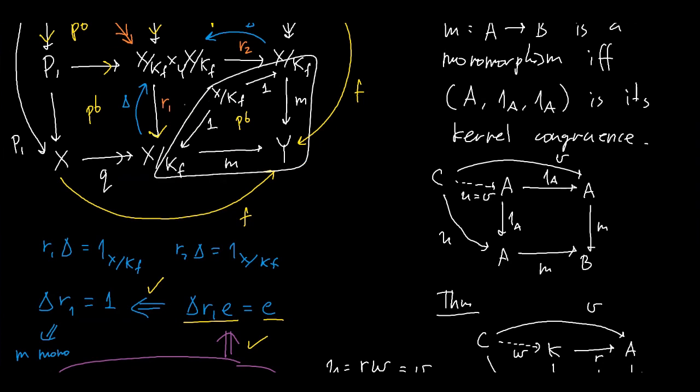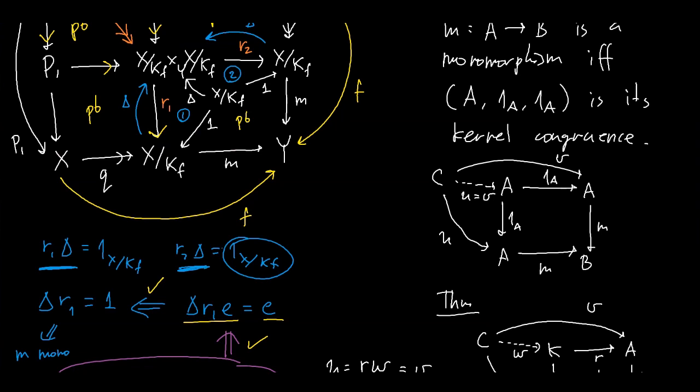Then this commutes, and by the property of the pullback, there is a unique thing going there. That's what we call delta. That thing makes the two triangles 1 and 2 commute. And so R1 composed with delta is equal to identity. Same way, R2 composed with delta equals identity.